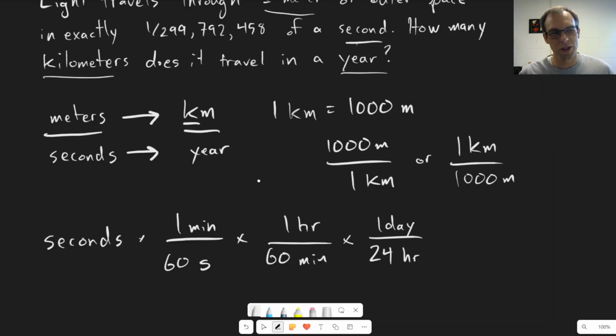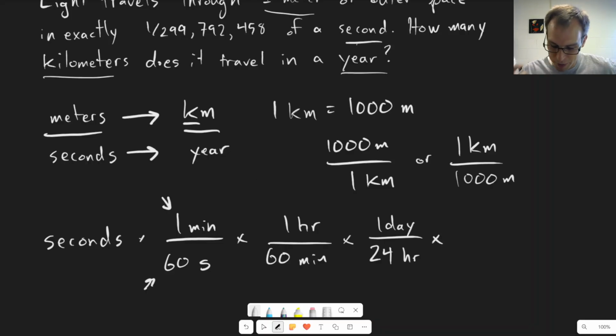Now, I just want to emphasize again, with these unit conversions, the thing that's on the top and the thing that's on the bottom are equal values. 1 minute and 60 seconds are the same, they're just in different units. And so each time I'm doing a multiplication, I'm only multiplying by 1. I'm not actually changing the value.